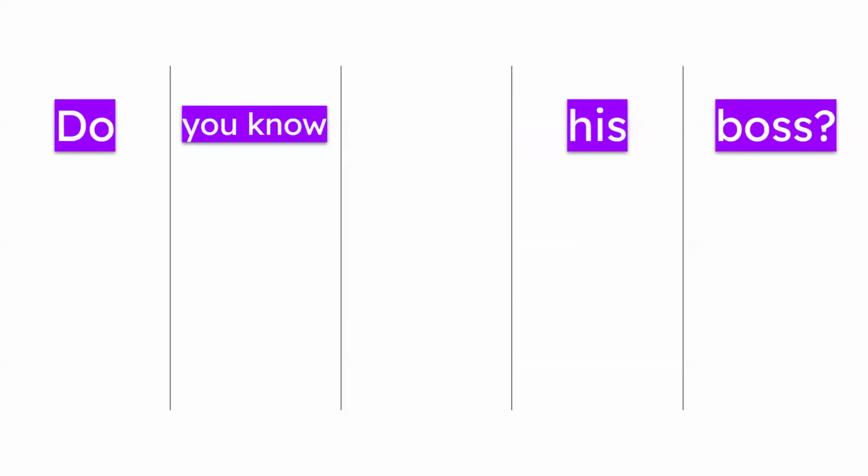Next. Do you know his boss? Now we are in front of a person, okay? We saw things, we saw places, and now a boss is a person. So the sentence in Spanish goes, to know, you know, is conoces, that's right.